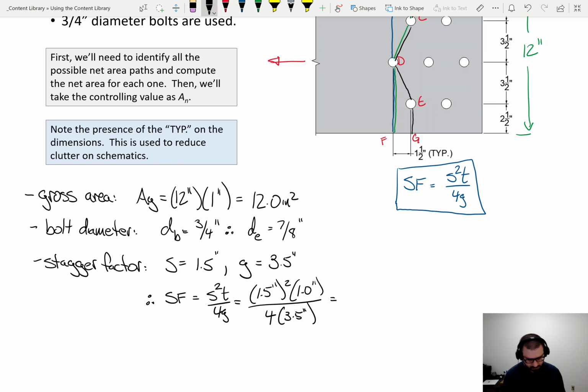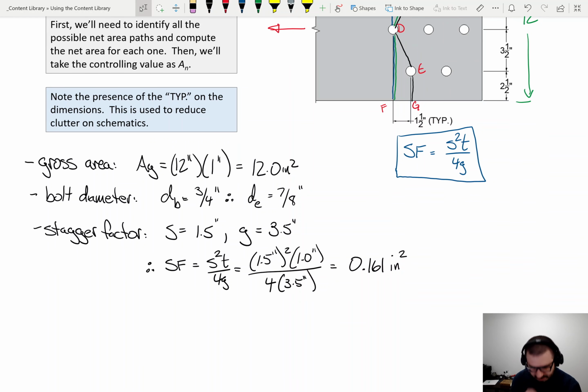I didn't bring my notebook home with me, so we're doing this one on the fly. Okay, so 1.5 squared over 4 times 3.5 is 0.161. We'll do 3 decimal places, and we'll say that that's square inches.